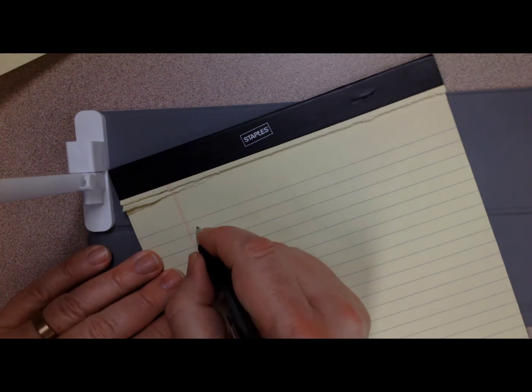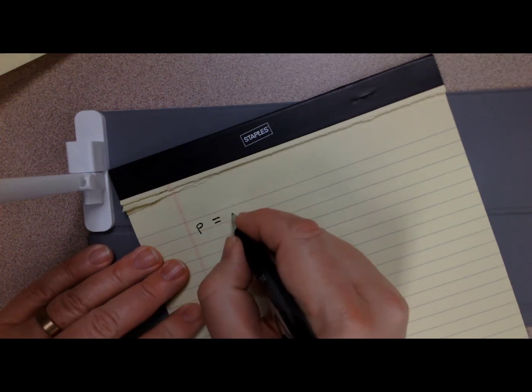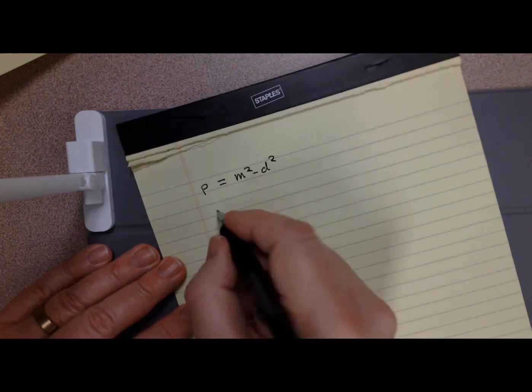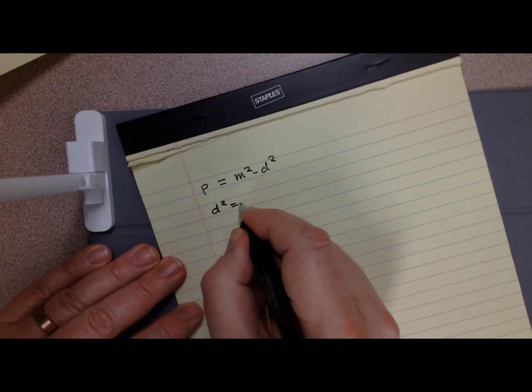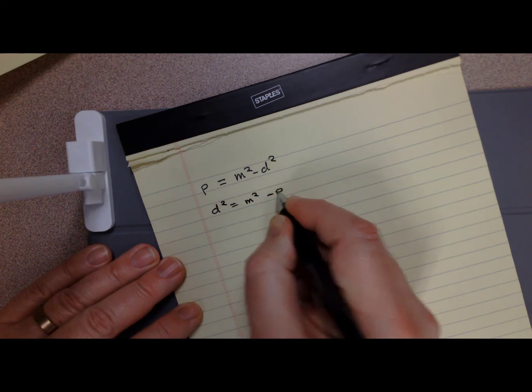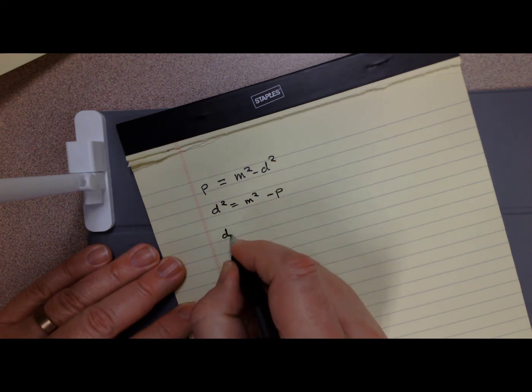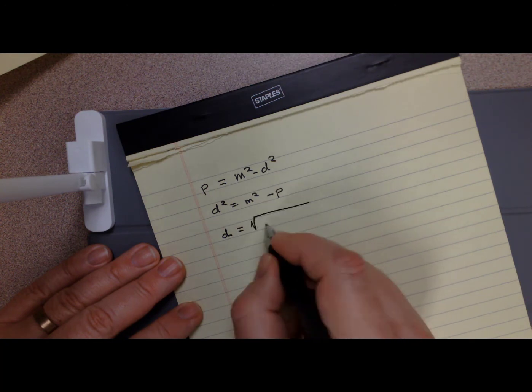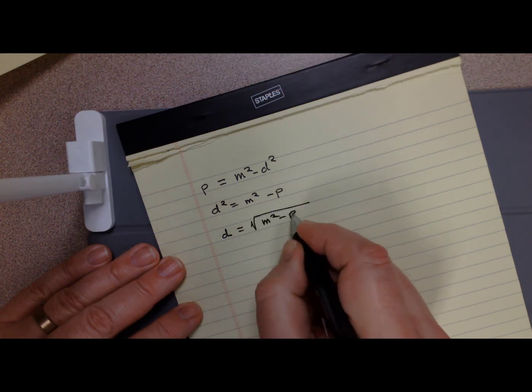So p is equal to m squared minus d squared, and so d squared is equal to m squared minus p. So d is equal to the square root of m squared minus p.